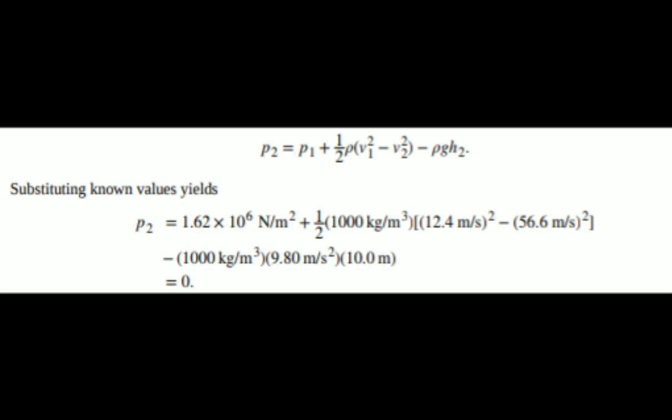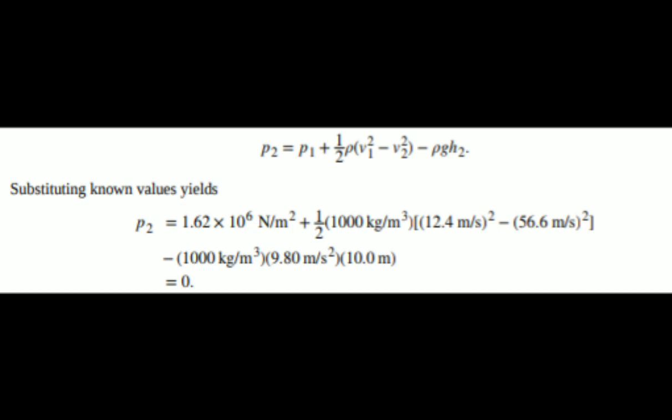So we will derive the formula P sub 2 equals P sub 1 plus 1 half rho multiplied by the difference of v sub 1 squared and v sub 2 squared, minus rho g h sub 2.